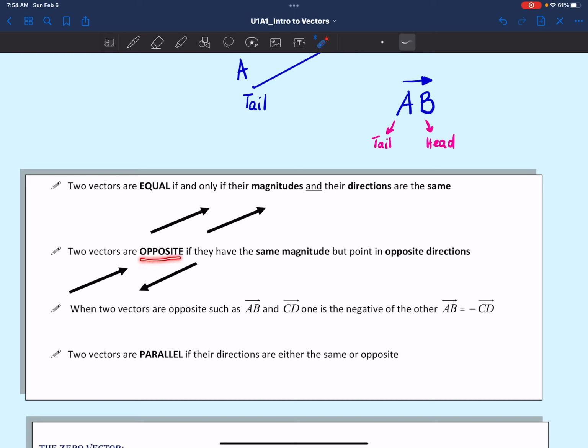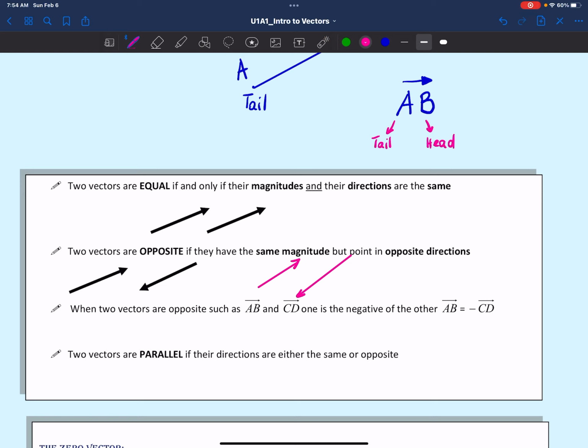Two vectors we say are opposite if they have the same magnitude. So if you measure or look at the length of each vector, they're exactly the same, but they are opposite in direction. So here we go. If two vectors are opposite in direction, though, they're not necessarily opposite vectors. For example, you can see here the directions of these two vectors that I just drew are opposite, but their magnitudes are different.